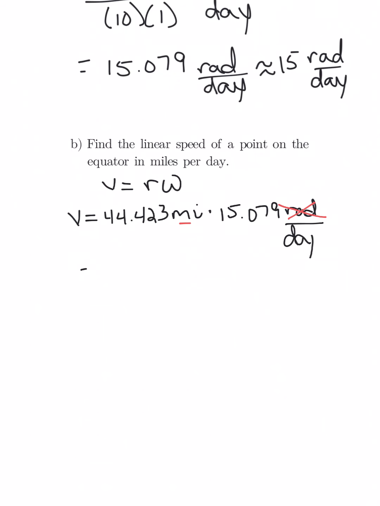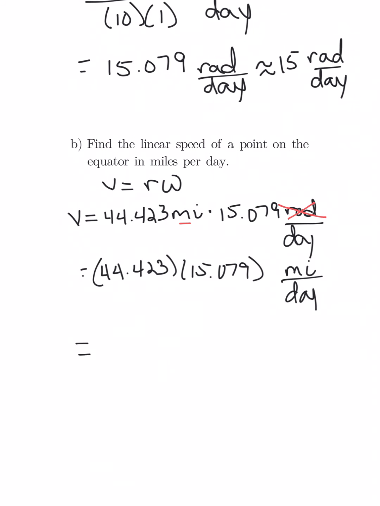So we are just going to take 44.423 times the 15.079, and then our label is miles per day. If you do that calculation, you get 669.9 miles per day. But remember, we are rounding to the whole number, so this would be 670 miles per day.